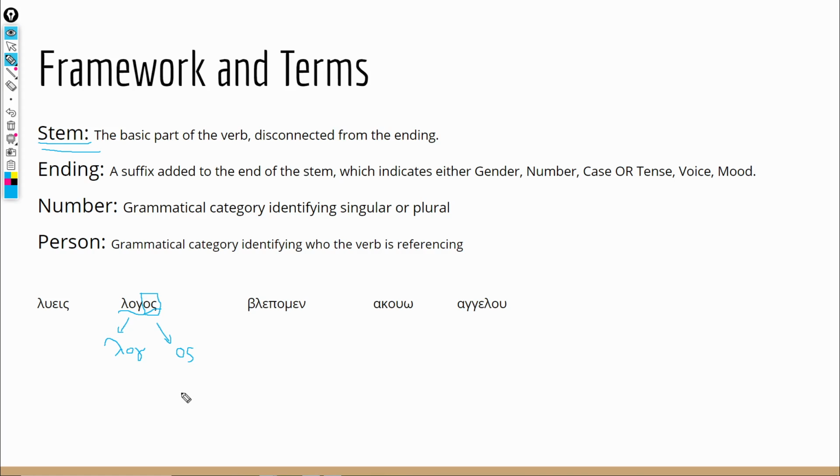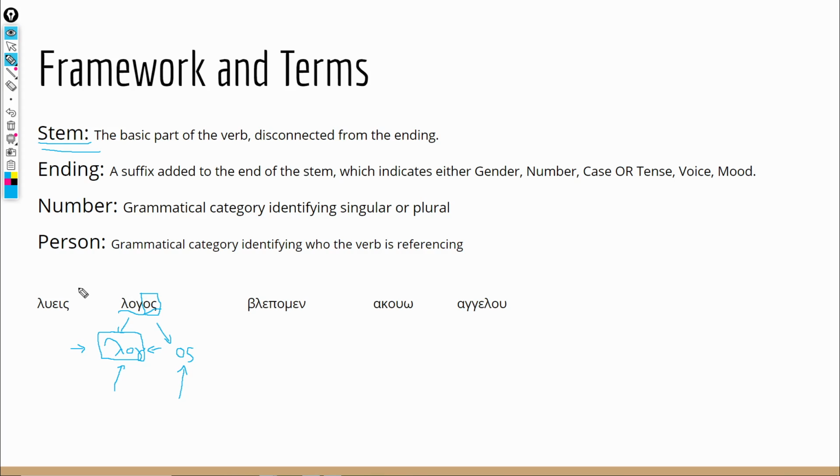This part of the word, the ending, changes all the time, because that's what tells you how the word is operating within the sentence. This part of the word, the stem, does not change. Now, there can be things that are added to the front of the word in some cases, and things that are added to the back of the word in some cases. And see, I have arrows going everywhere. But the point being is that log will always indicate that you are trying to say the word.